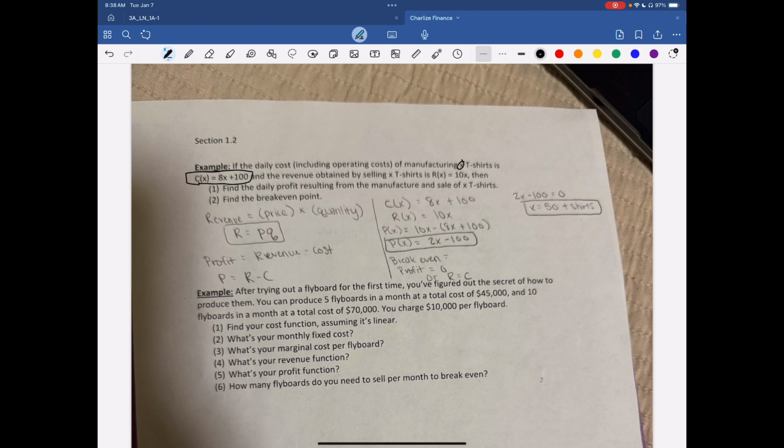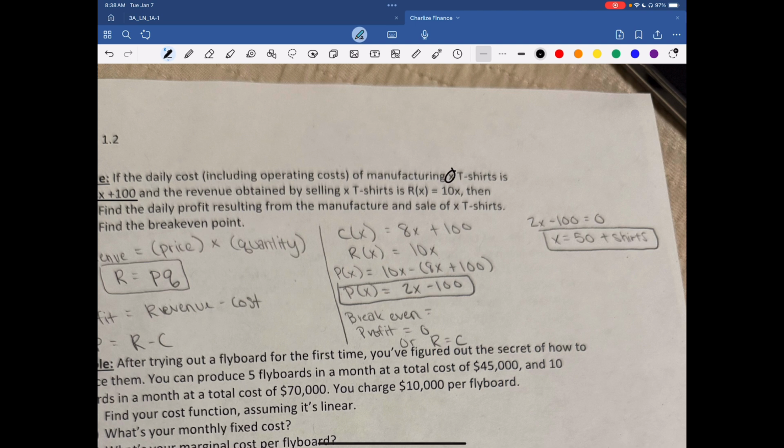It's like I pay whoever makes my t-shirts $100 to manufacture as the flat fee. And then for every t-shirt, they charge me $8 per t-shirt. That's how you interpret this graph. This is what I'm paying to make the t-shirts. And then when I'm actually selling the t-shirts, I'm not getting that fixed cost, because it doesn't really make sense. It all depends on the number of t-shirts I sell.